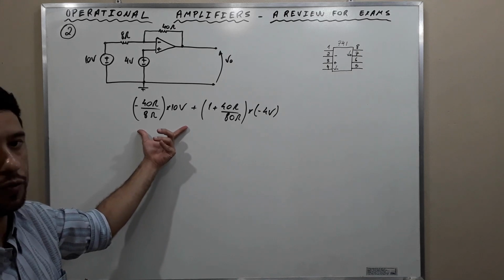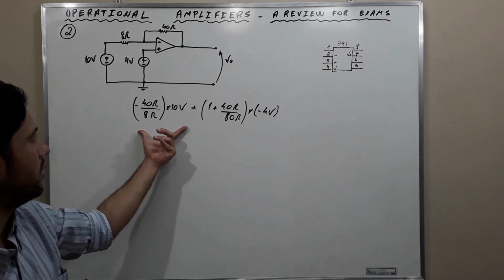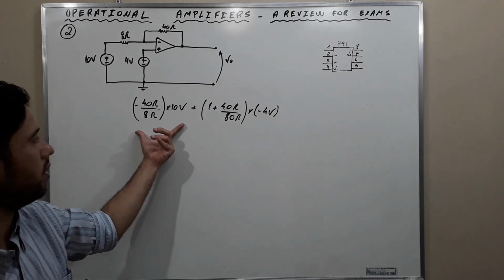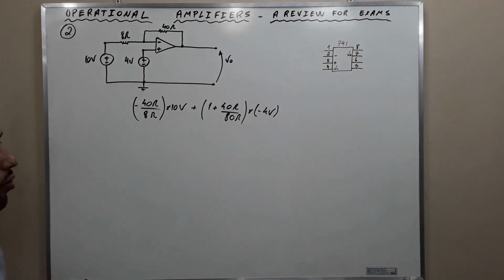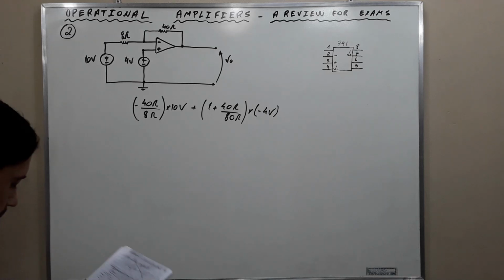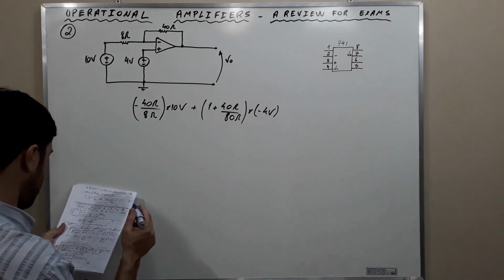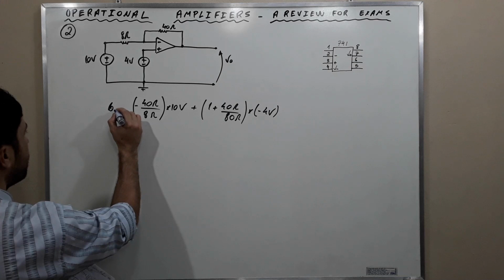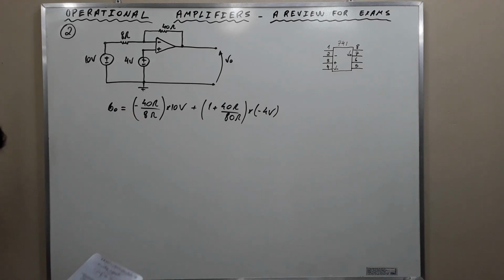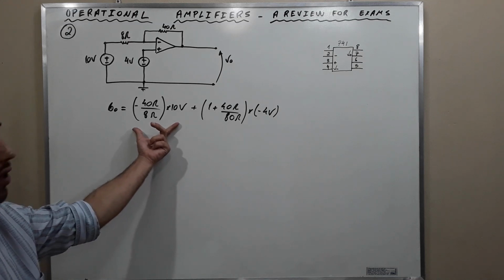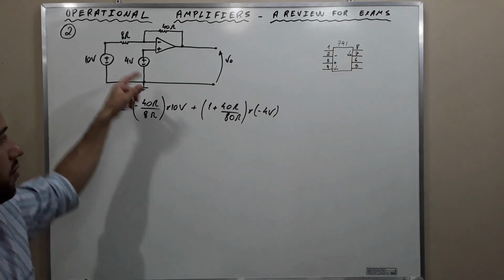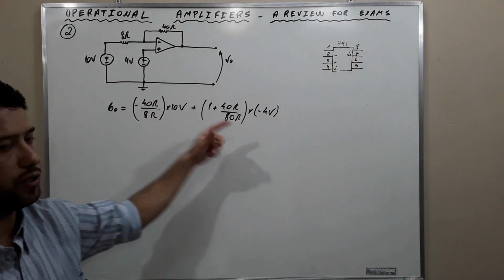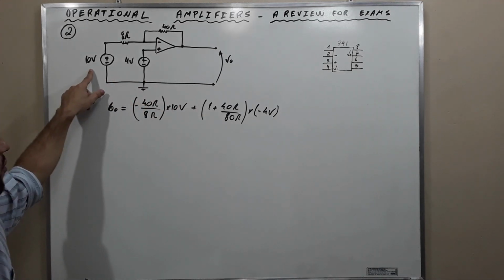And the superposition principle says that the output voltage is going to be the sum of these two contributions, okay? And then VO is equal to this. All right? This is the contribution when 4 volts is at rest, and this is the contribution when 10 volts is at rest.